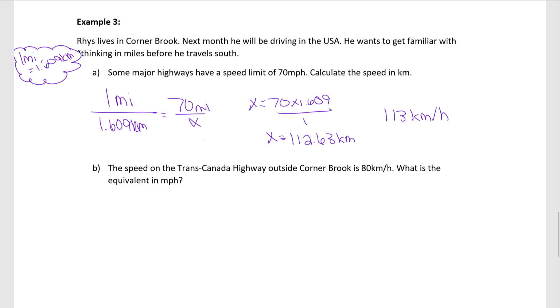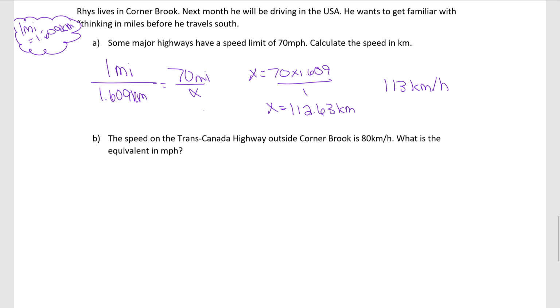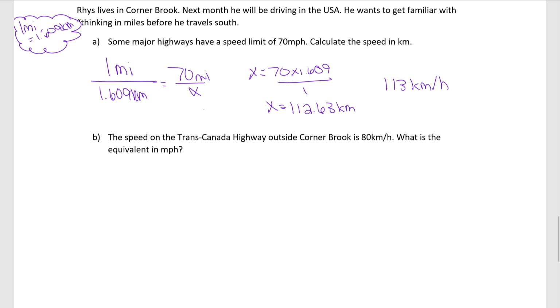The speed trap on the Trans-Canada Highway outside Corner Brook is 80 kilometers per hour. What is that equivalent in miles per hour? So the same thing, this says that we're allowed to drive 80 kilometers in 1 hour. So if we convert that 80 kilometers to miles, we'll know the speed in miles per hour. So we use the same conversion rate. 1 mile is 1.609 kilometers.